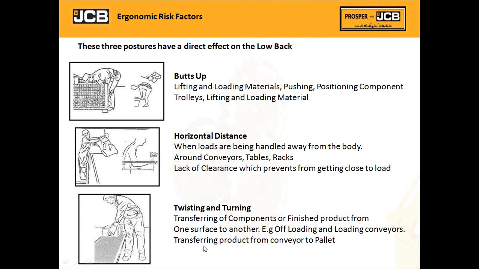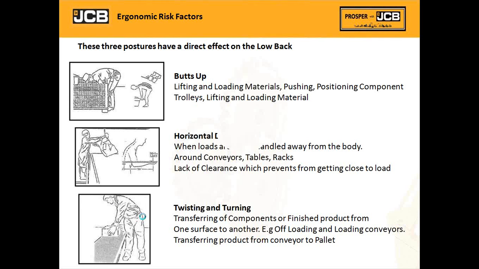And then twisting and turning: in case you are transferring a product from a conveyor to a pallet and constantly twisting and turning your back, or if the shoulder is too high, again you are exposing your shoulder to stress.